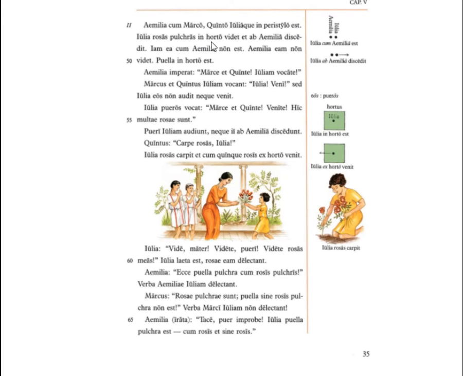Julia rosas pulchras in horto videt, et ab Aemilia descedit. Iam ea cum Aemilia non est. Iam Aemiliam eam non videt. Puella in horto est. Well, now the puella is in the horto.